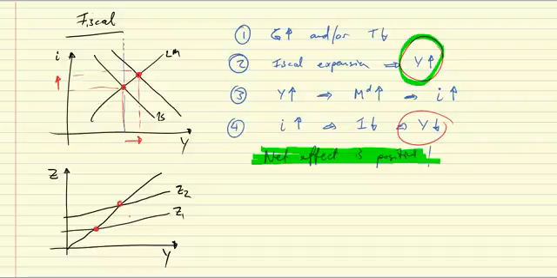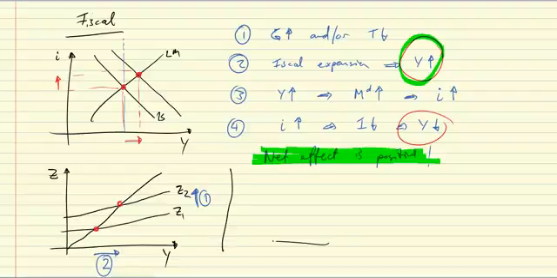So that is one, this one here, and two here, the increase in income. Three will have to go to the financial market. That's a very crooked line. Let me try again.